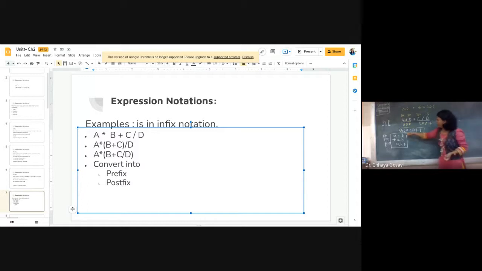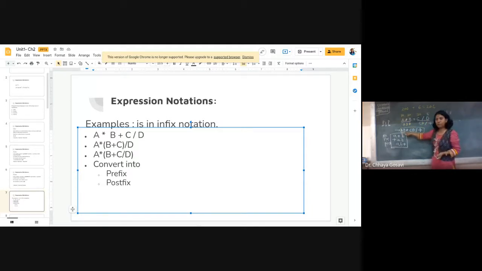Now in case of postfix, we'll see how we have to solve this. Again, we have to use a stack. We have to put operands. Suppose the value of A, then B, and as soon as you get an operator, you are reading this string from left to right. So A is an operand, put it into the stack.